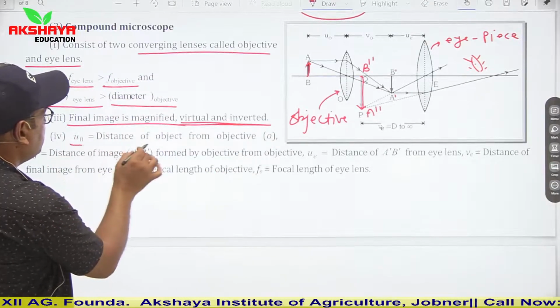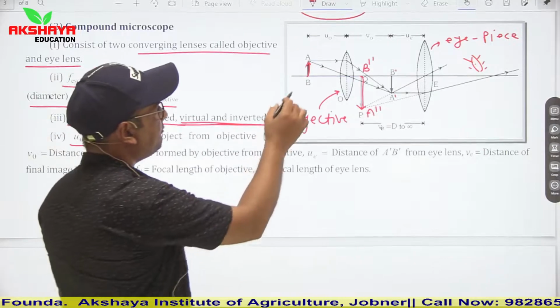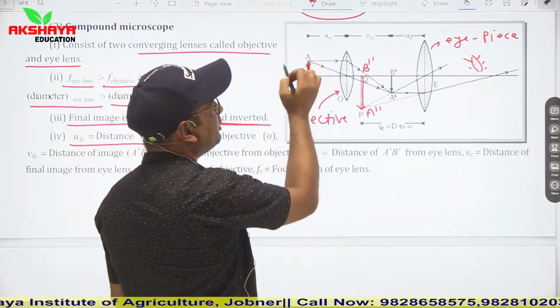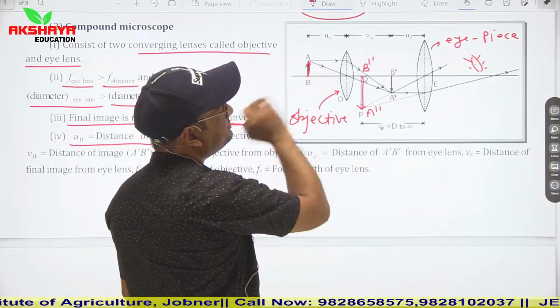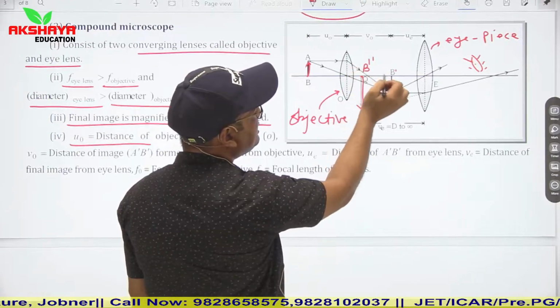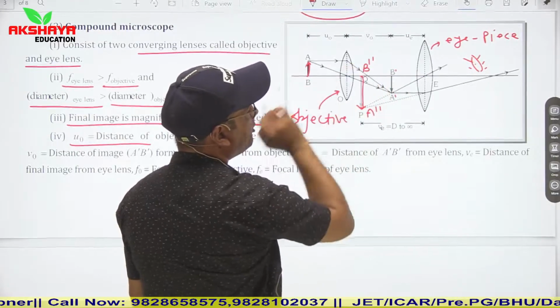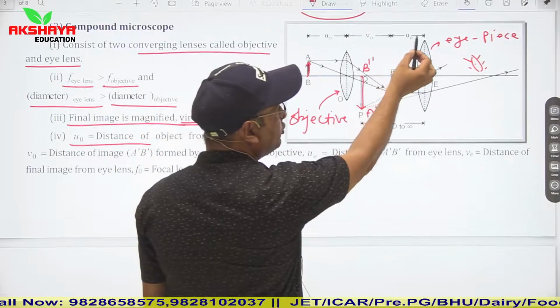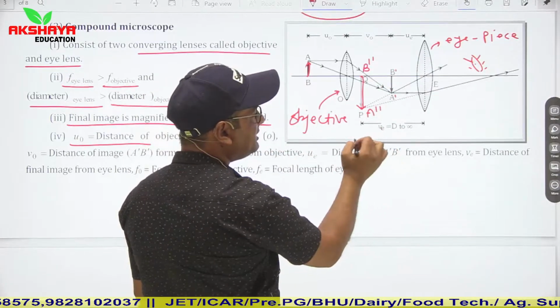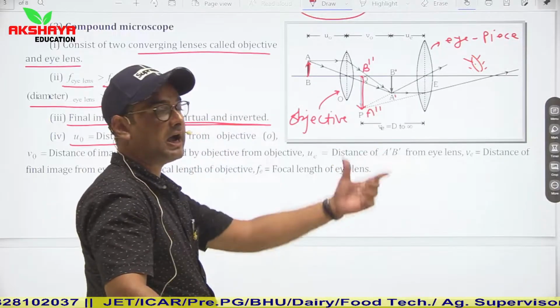Here u naught is the distance of the object from the objective lens, O meaning objective. v naught is the distance of the image formed by the objective lens. UE is the distance of the object from the eyepiece, and V is the distance of the image from the eyepiece.